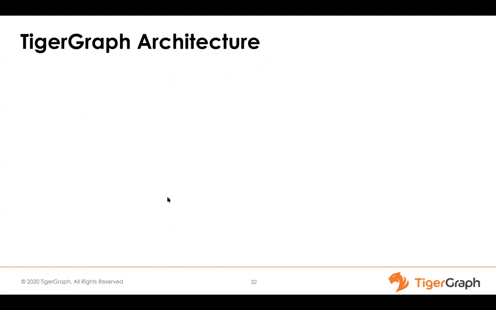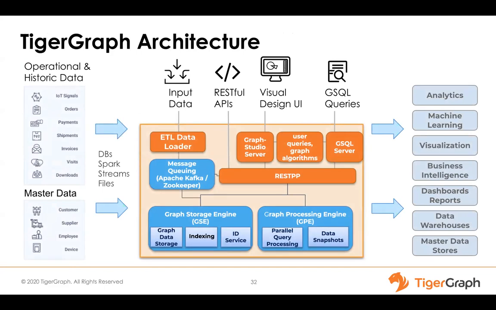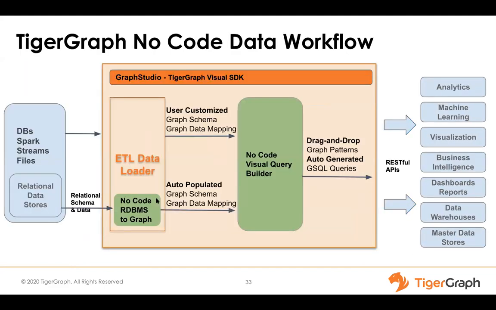So Rias has mentioned the overall TigerGraph architecture, and I want to mention that with TigerGraph no-code features, we have this new no-code data workflow. Basically, what you can do is, from the relational data store, it can be imported into TigerGraph through the no-code RDBMS to graph feature, and it can auto-populate the graph schema and import the data.